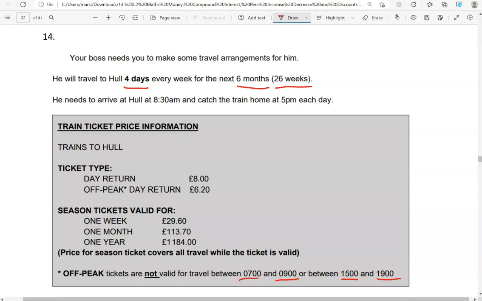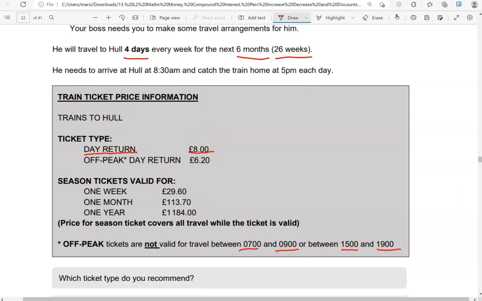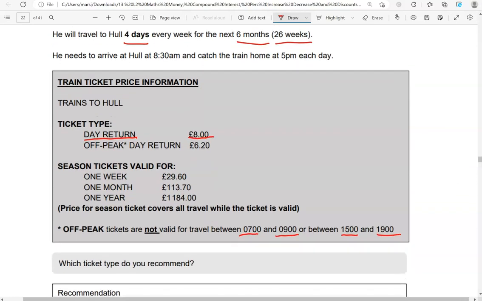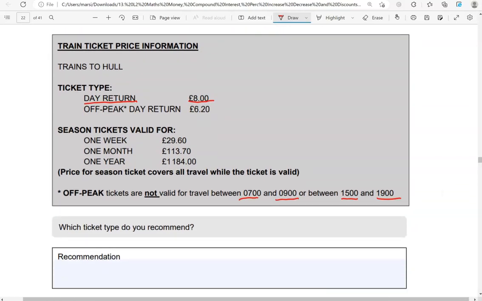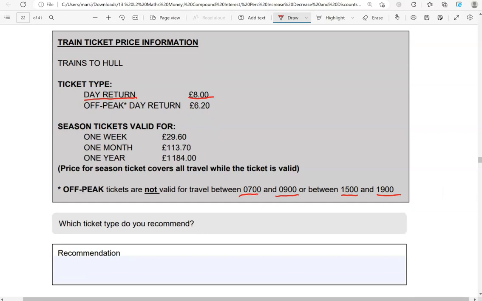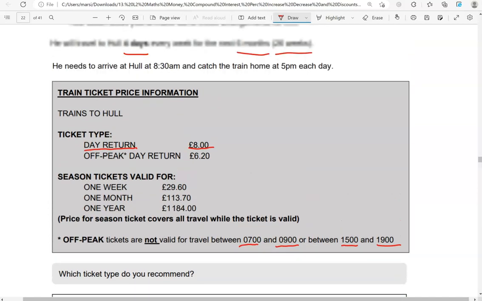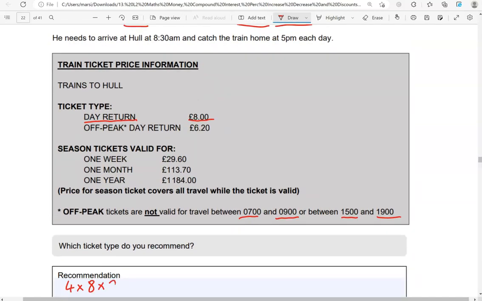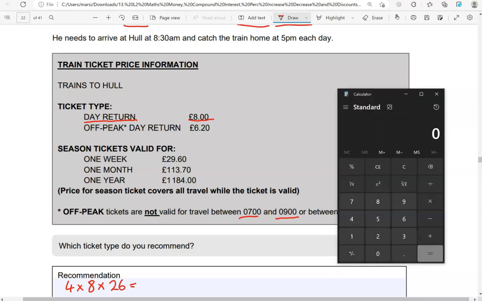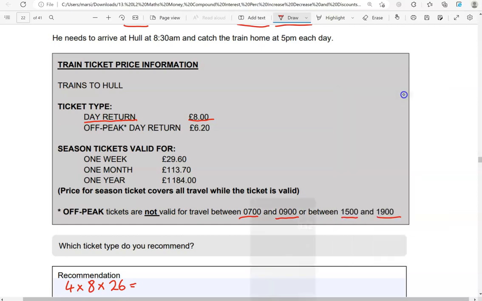If purchasing day return, that's £8 per day. That's 4 days per week. So we'll do 4 times 8 times 26. That's the number of weeks. That gives us £832.